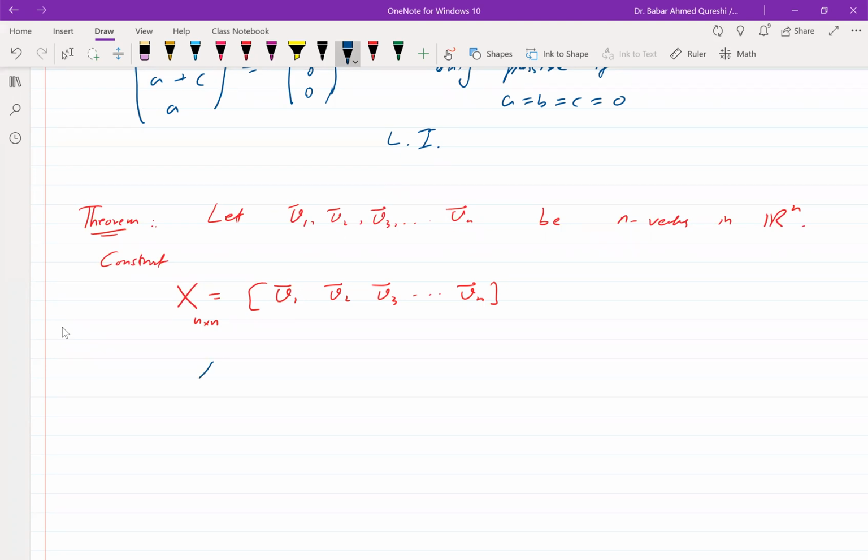Then this, Xc equal to what? It will have non-trivial solutions.